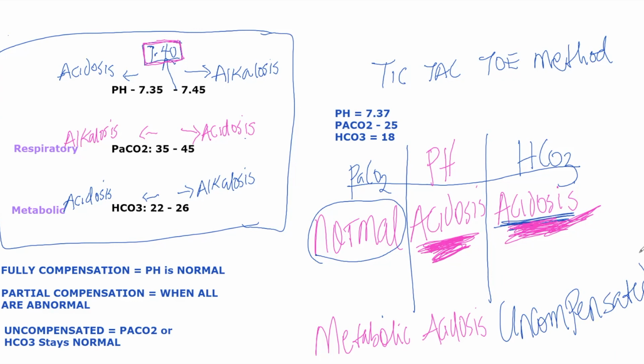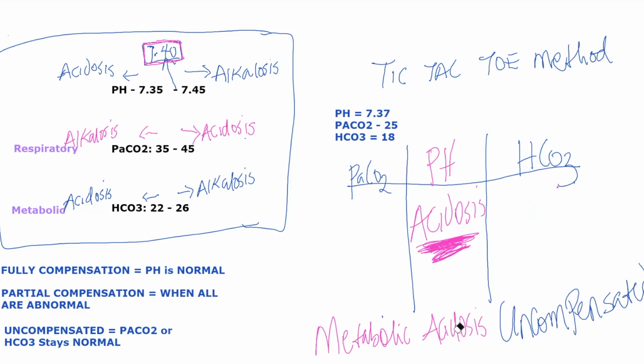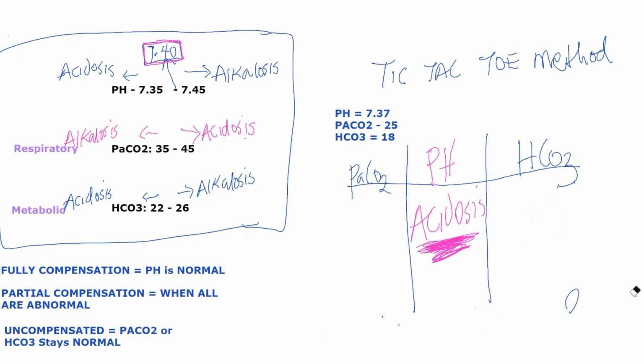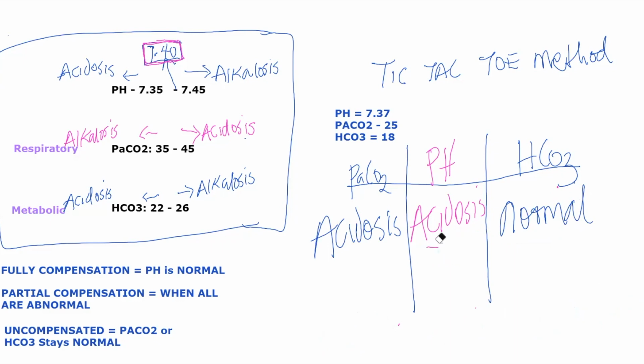Okay, the same thing would happen if the reverse were the case. If my PaCO2 over here is the one which is acidosis instead, so if I had an acidosis PaCO2 and I had a normal HCO3, this time around my pH is matching up with my PaCO2.